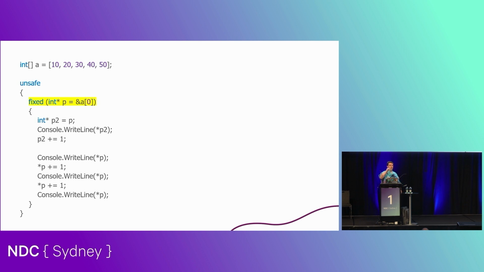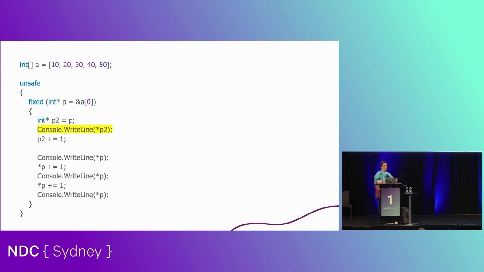Now, we want to fix that pointer to the heap so that it is not moved around. It's going to stay pointing to that first element in the array, which is why we use the fixed statement. And then inside that fixed block, we create another pointer called P2, and it gets the same address as the pointer P. So we have two pointers now pointing to the first element.